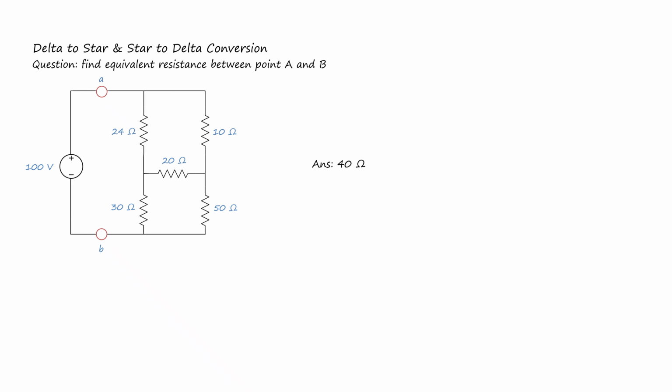You can easily solve this problem by changing the delta resistors into a Y or star network. After converting the network into a Y or star configuration, you can simply apply the series and parallel rules to simplify the resistors. By doing this, you can calculate the equivalent resistance, which gives the final answer of 40 ohms.